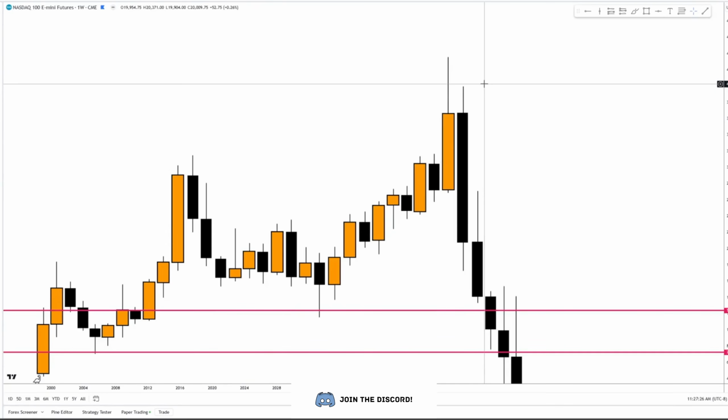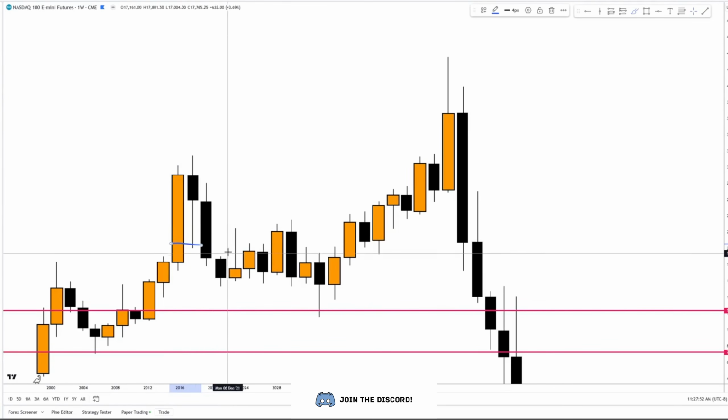And by the way, you don't necessarily need a high time frame level to use the levels in a wick, right? So what do I mean by this? Let's say you don't have a high time frame level up here, and you create something that looks like this, right? Let's say you don't have a high time frame level for this lower wick, like you have nothing right here that tested into this.